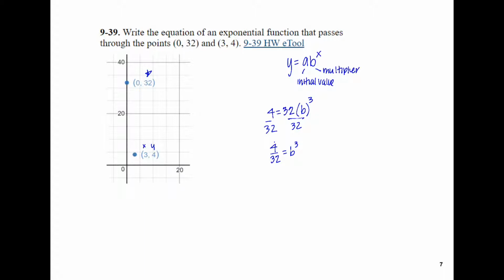We're going to take the cube root of 4 over 32 to get our multiplier, which tells us b is 0.5. So we then just need to rewrite our equation. y equals our initial value of 32 times 1/2 to the x power.